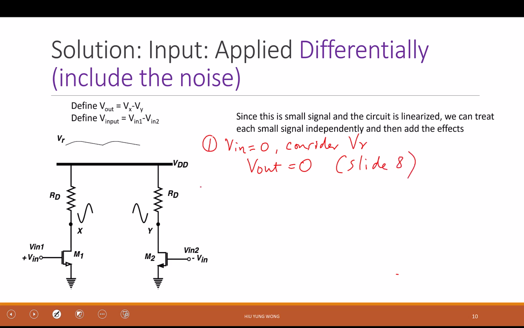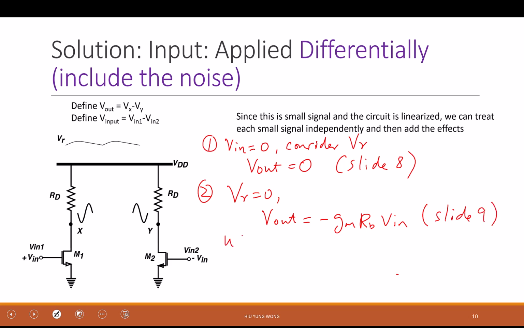Okay. And then we consider another excitation. When VDD is equal to 0, when there's no noise, then we say Vout equals negative GM RD times Vin. That is what we derived from slide 9.